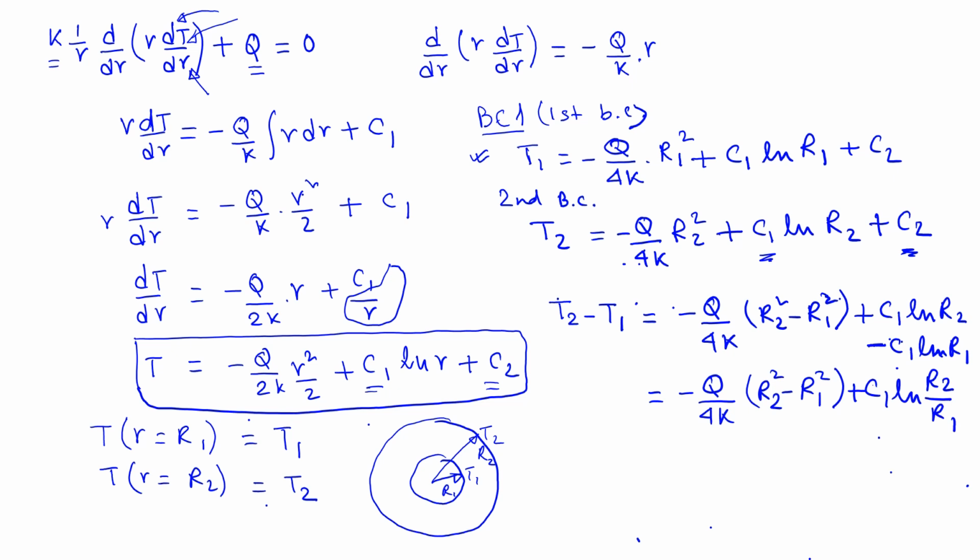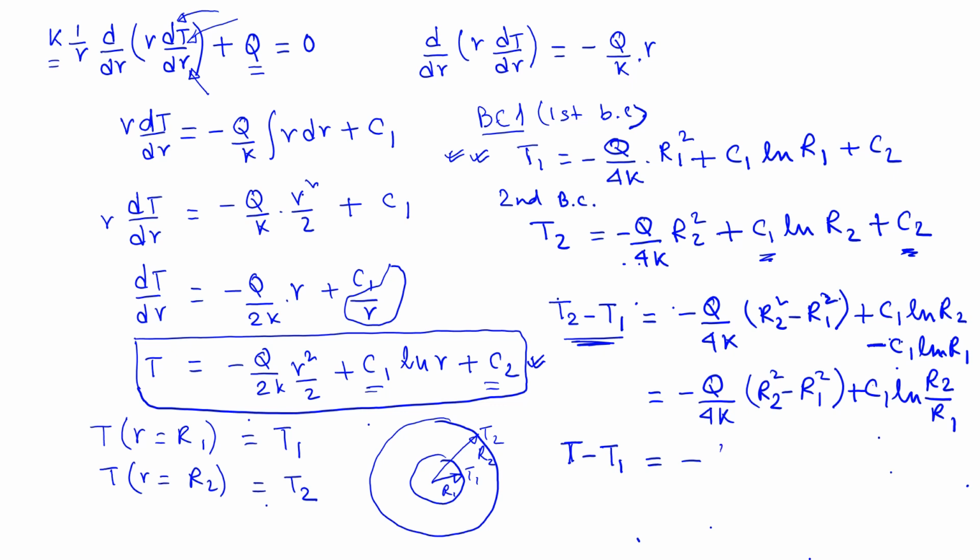Now we still have to find c1. For that, we substitute T1 into our general solution. Then I get T minus T1 is equal to, just like this one, except instead of T2 I'm using this equation.